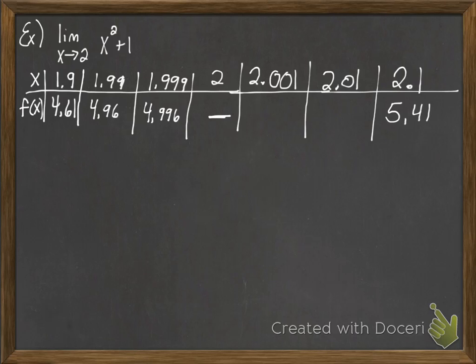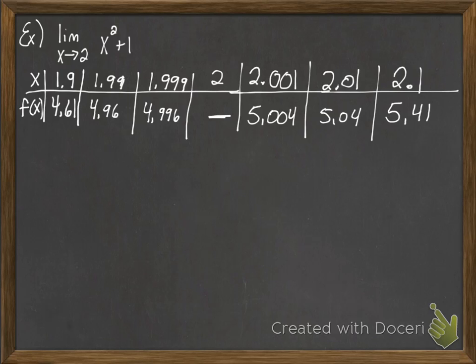Alright, and then the other two, 2.01 and 2.001. 2.001 gives 5.004, and 2.01 gives 5.04. And again, those may be rounded off a little bit, but we can get the idea of what's happening.